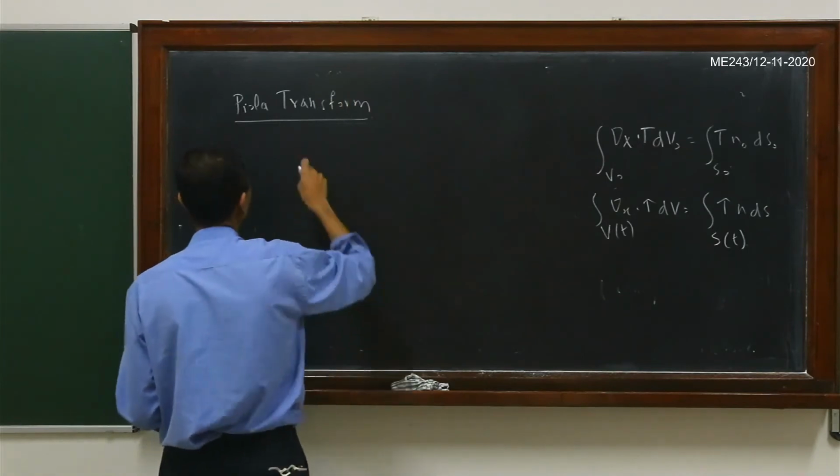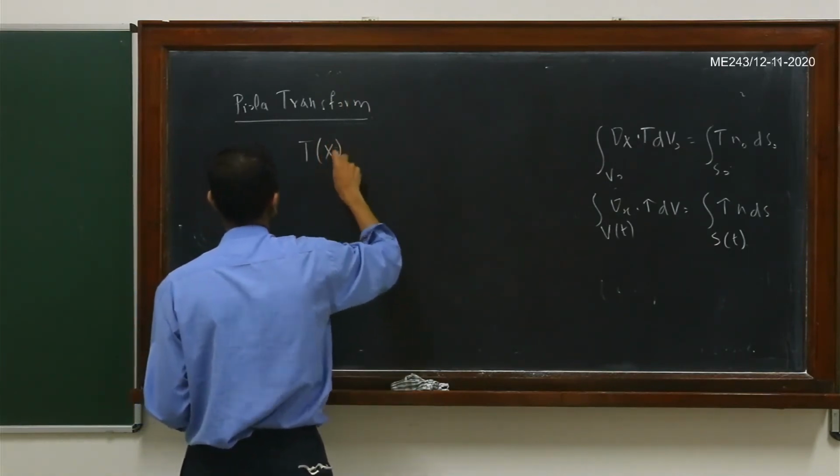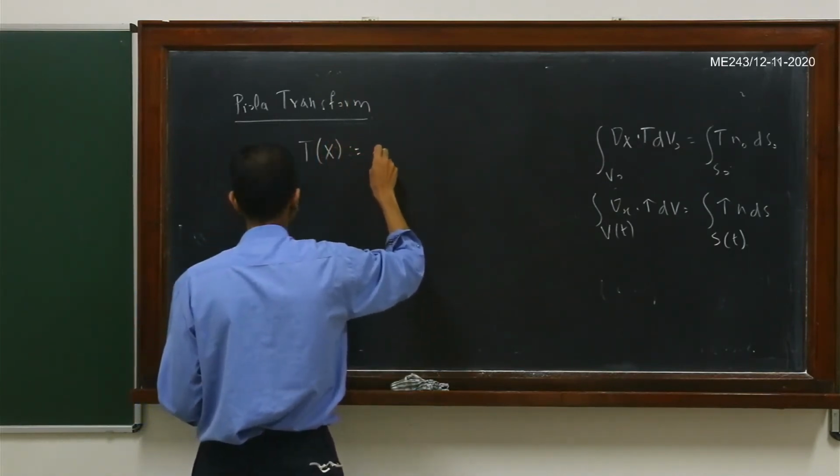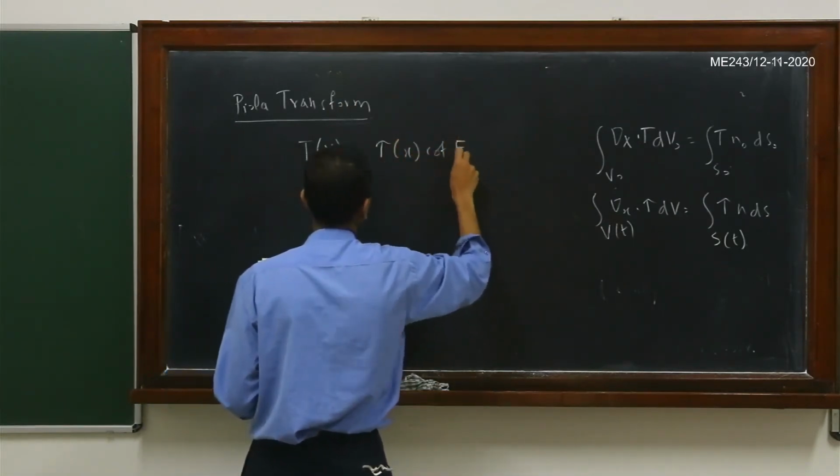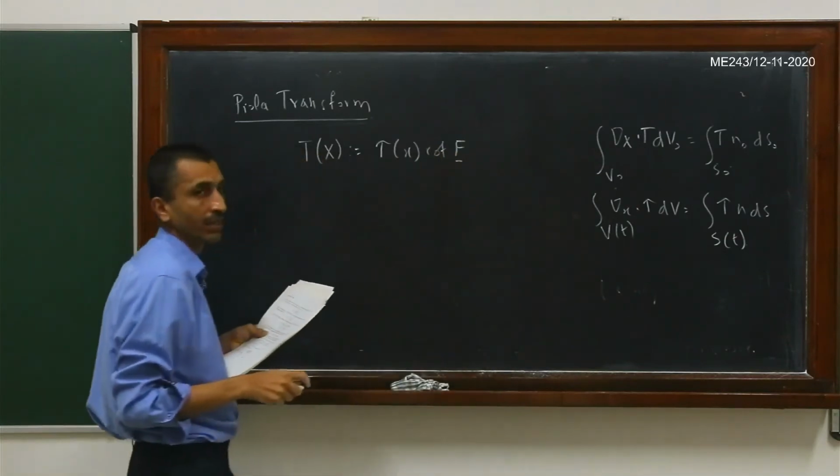So we define that as T of X is defined as tau of x times cofactor of F. This F is the deformation gradient.